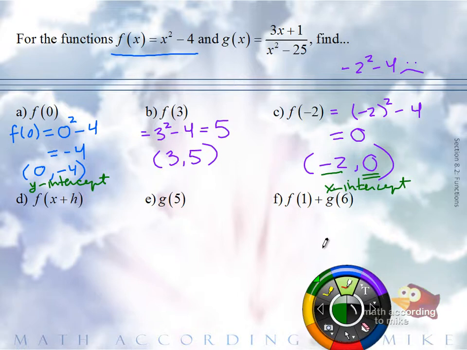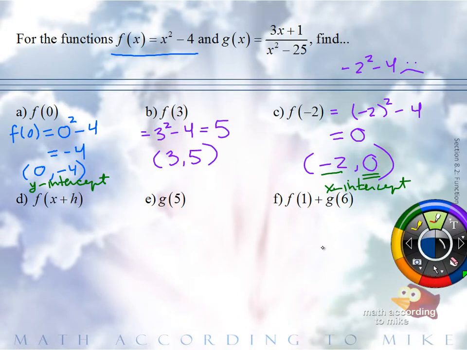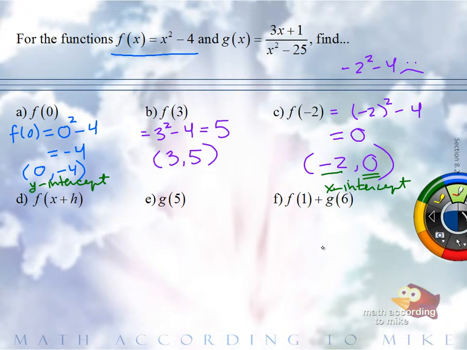All right, D. Let's talk about D. To do D, this would be x plus h squared and then minus 4. So, let's talk about what happened. This x here is not this x here. They are not the same thing.